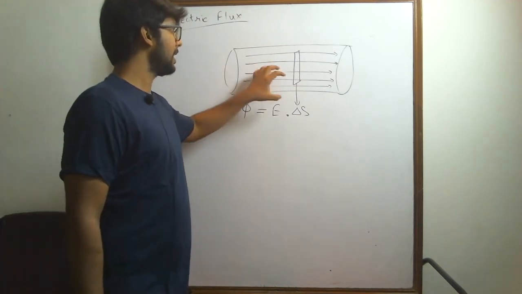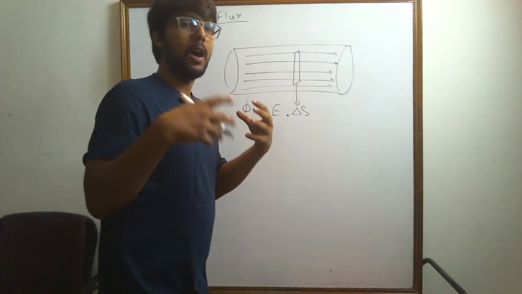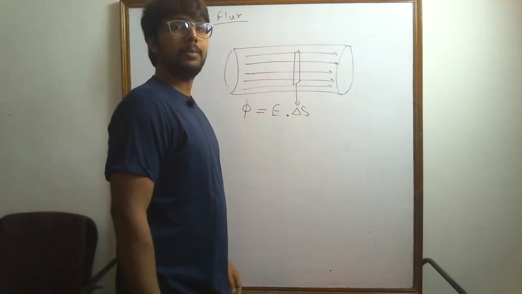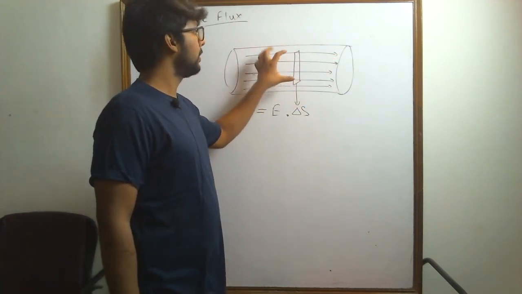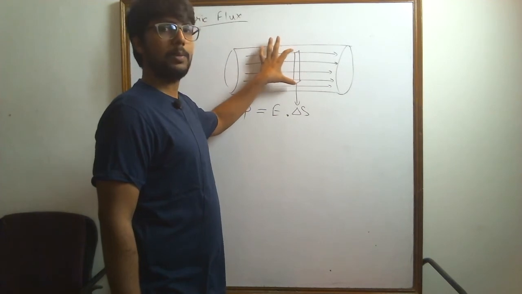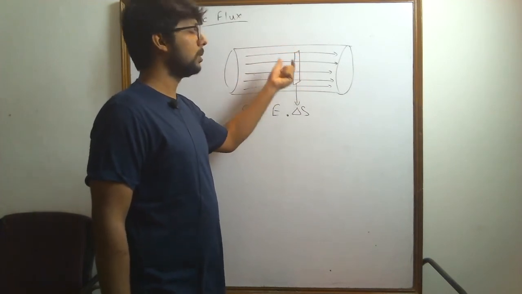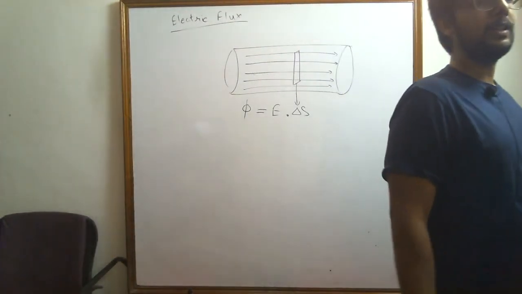So again, what is happening over here? We are imagining that electric field is a liquid which is passing through an area, which is passing through a cylinder, and in that cylinder we have taken a small part of the area, and we want to figure out how much fluid is passing through this small area in a second or in a unit time.